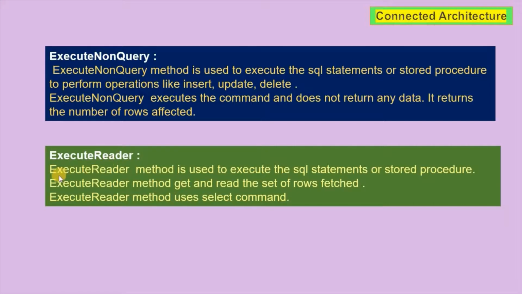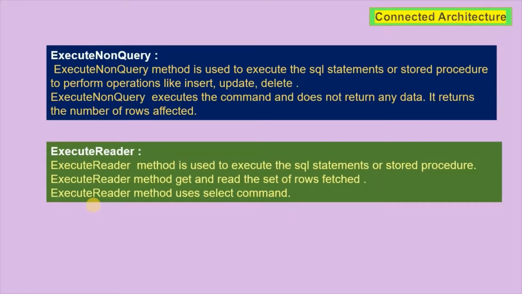Execute reader. The execute reader method is used to execute SQL statements or stored procedures. The execute reader method gets and reads the set of rows fetched. The execute reader method uses the select command.